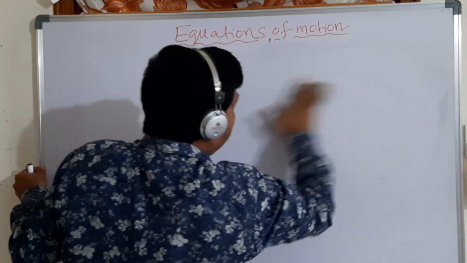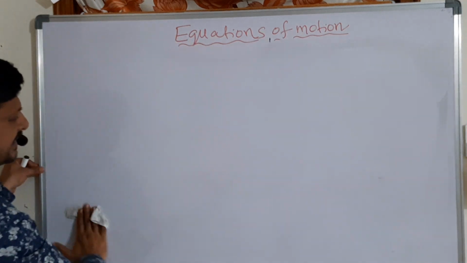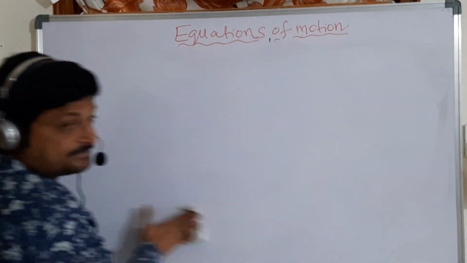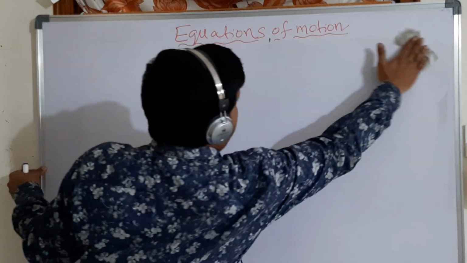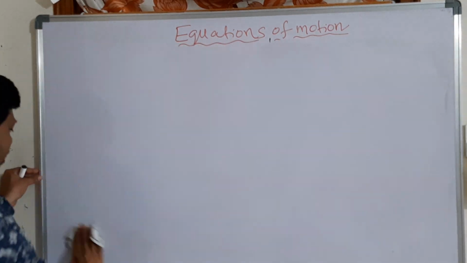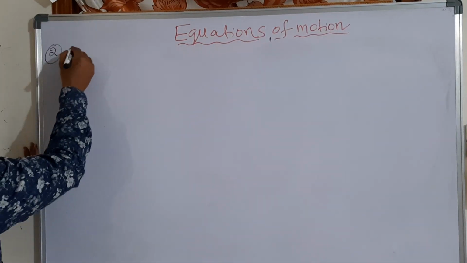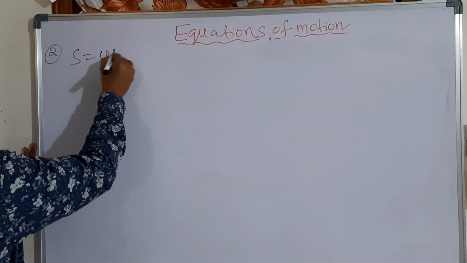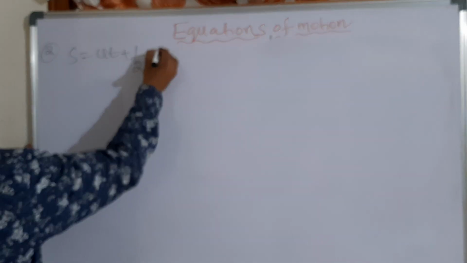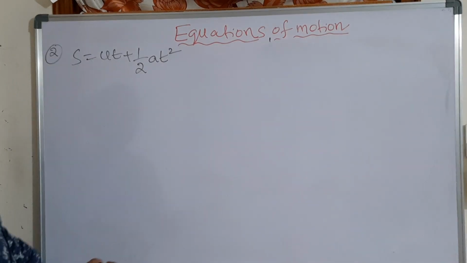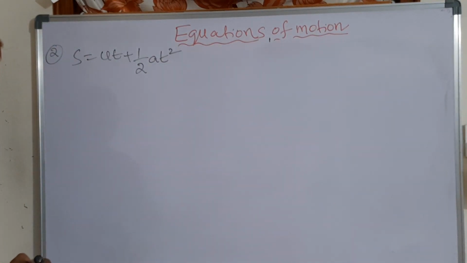Right. Amazing answers. That is final velocity. Final velocity is not involved in the second equation of motion. So right here, s is equal to ut plus half at square. This is the second equation of motion.